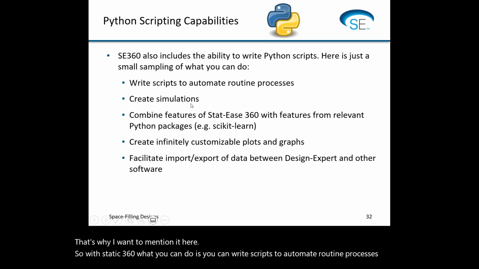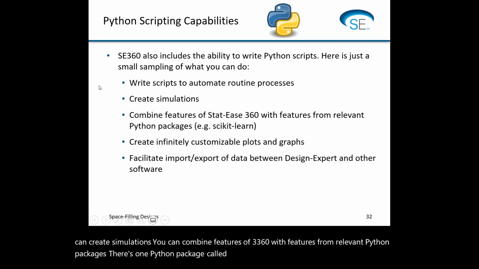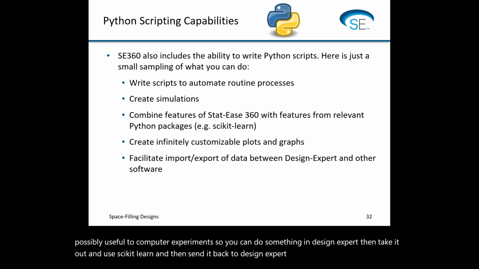You can create simulations. You can combine features of Statist 360 with features from relevant Python packages. There's one Python package called scikit-learn, which has a lot of tools that are possibly useful to computer experiments. So you can do something in Design Expert, then take it out, then use scikit-learn, then send it back to Design Expert. Then you can write a script that basically automates everything for you.